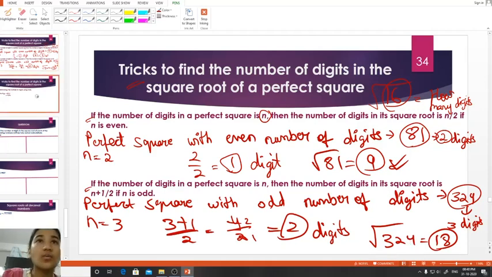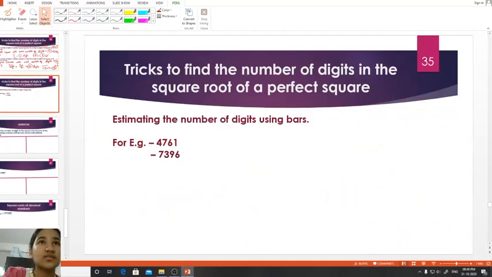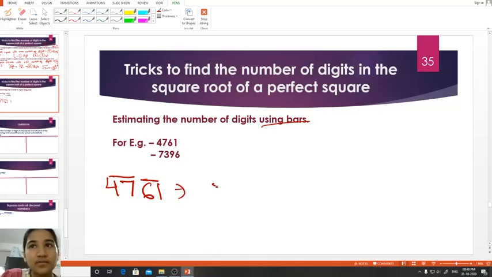The other way to find the number of digits in the square root is using the bars. For example, if we take 4761, you know that in the long division method we pair it starting from the rightmost into 2 and 2. So we are getting 2 bars, that implies there will be 2 digits in its square root.